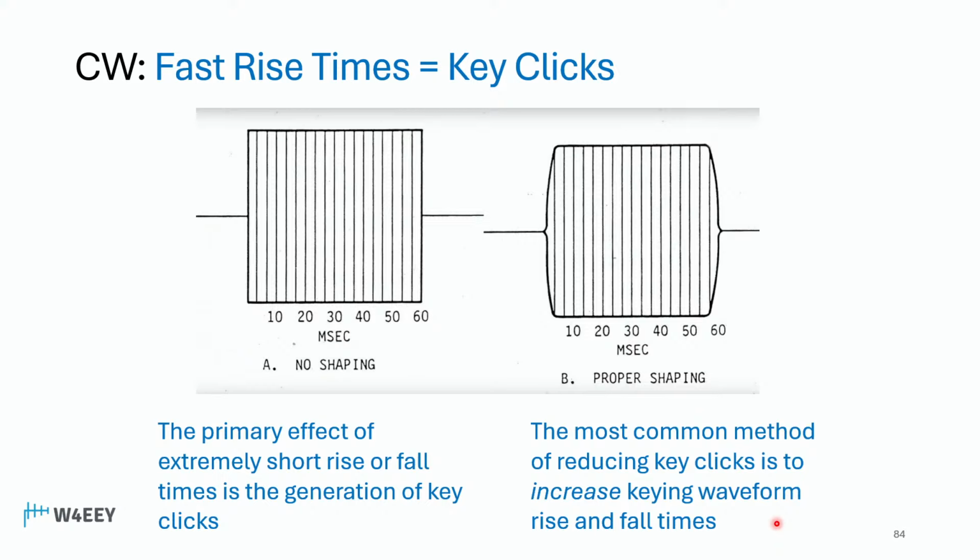Now there's a little bit of a trap here in that when you first look at this, you think it would be just the opposite. Let me explain. If we're going to increase the rise and fall times, it's going to take longer to get from here to here. So we're increasing the rise time. We're not making it sharper, we're making it smoother.